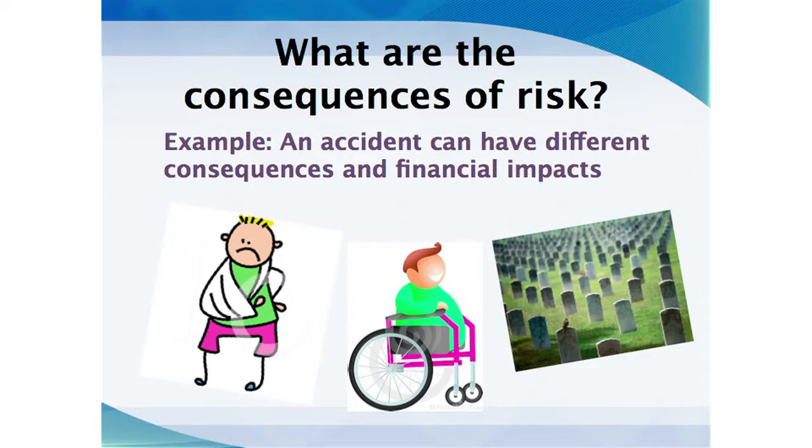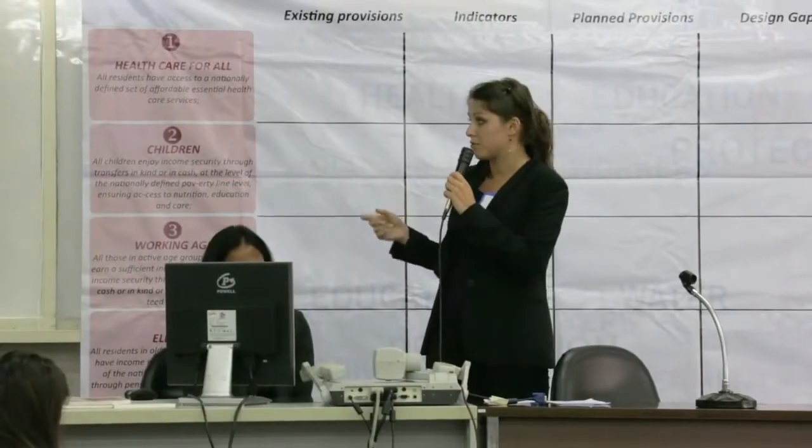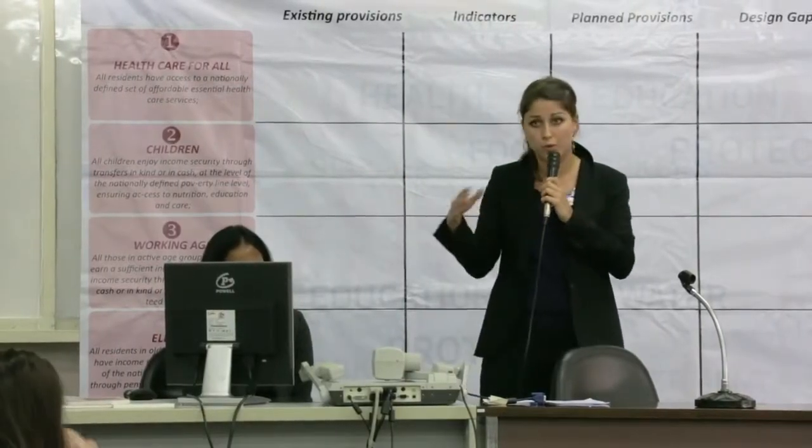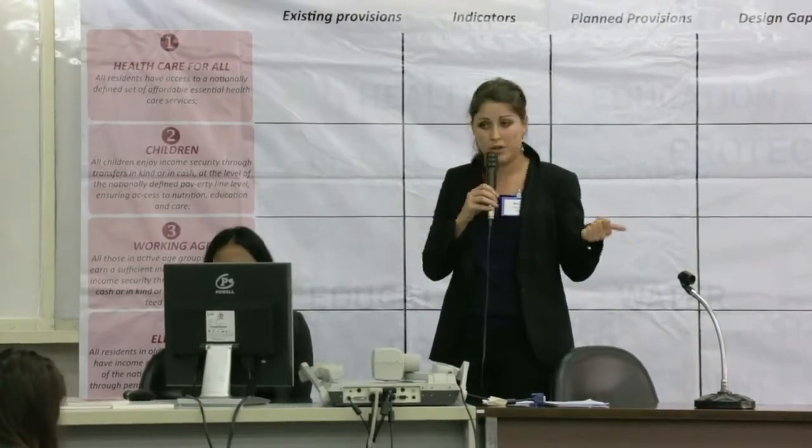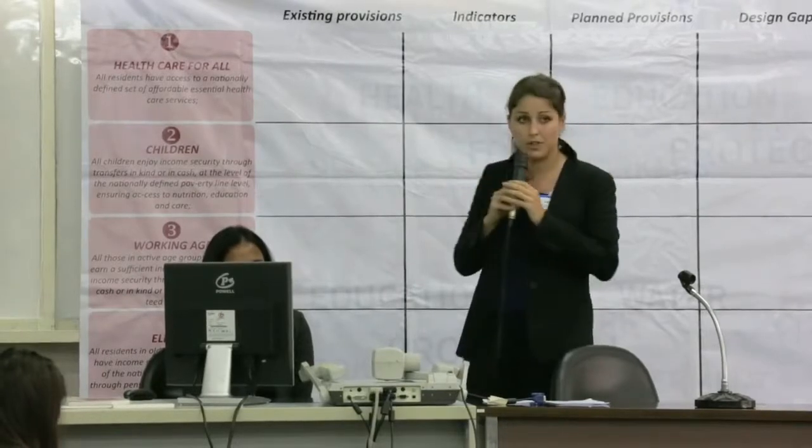With this accident, you can just end up with something minor, for example, you just get a burn, so you will have to go to the hospital and it will be just a small healthcare cost. But you can also become temporarily or permanently disabled, and then you will have to take a sick leave or you will not be able to work anymore. So then you have the healthcare cost, which is greater, and you will have a loss of income because you're not working anymore.